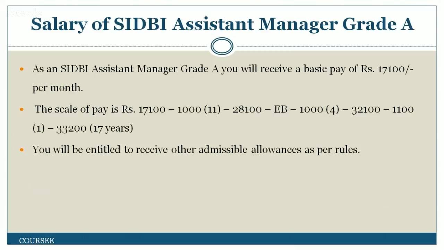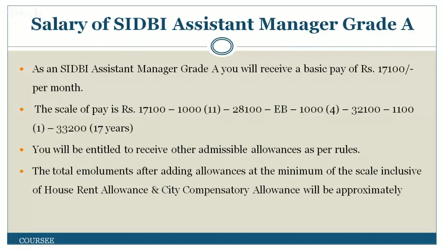You will be entitled to receive other admissible allowances as per the rules. The total emoluments after adding allowances at the minimum of scale, inclusive of house rent allowances and city compensatory allowances, will be approximately rupees 36,000 per month.